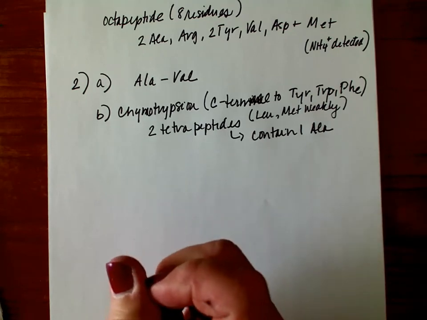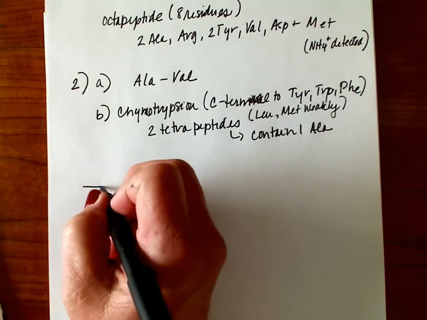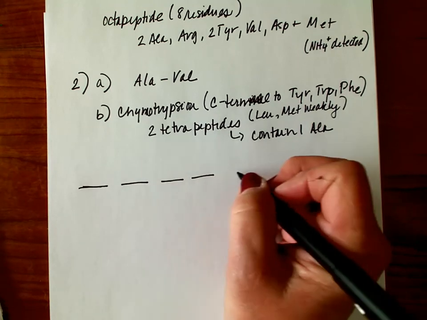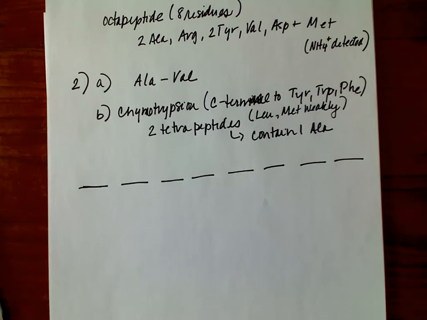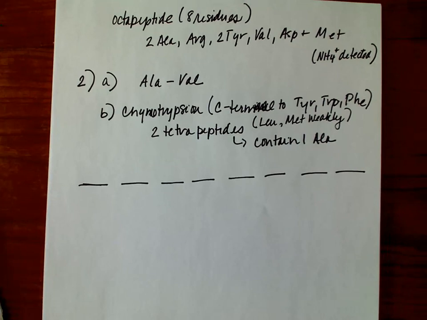So in order, what we can glean from this, I guess we should start our little lines here. In order to get 2 tetrapeptides, we can identify the positions of our tyrosines. Okay?